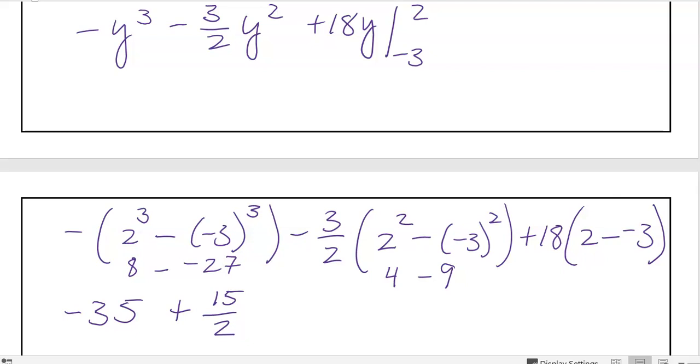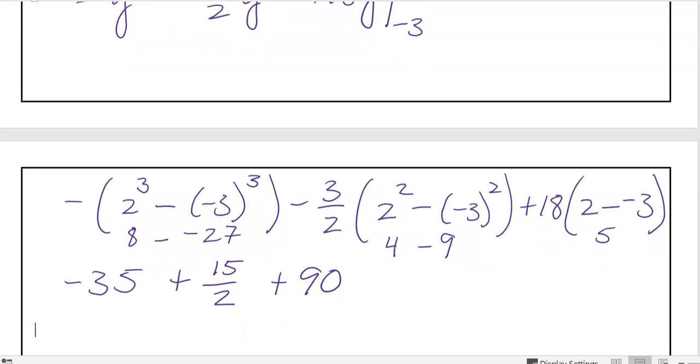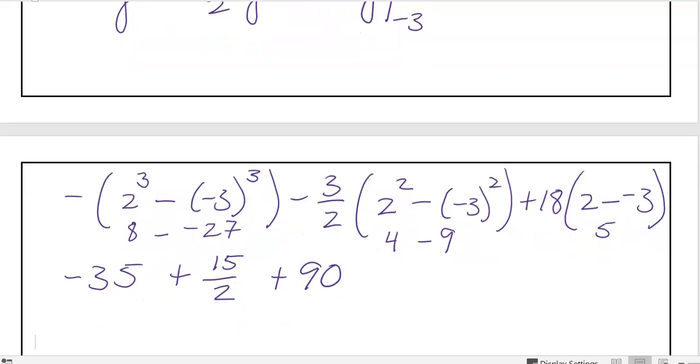In the last term, the double negative in the center gives me a positive, which results in 5. 18 times 5 gives me 90. If I subtract the 35 from the 90, I should end up with 55.